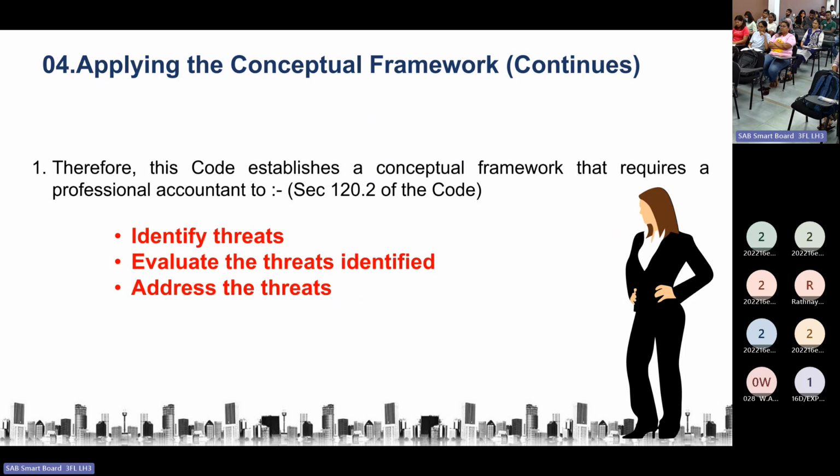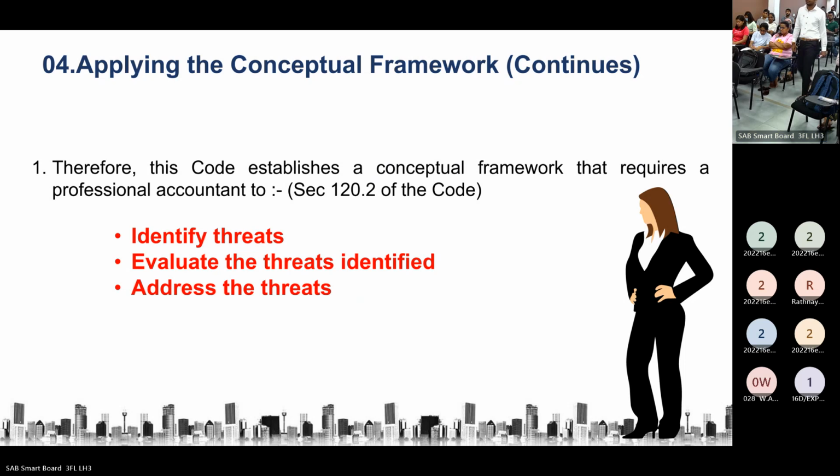So we have identified that I'm having a family threat. Then I want to evaluate whether this threat is a significant one, in the middle of significant and insignificant, or not significant. So how are we analyzing it?